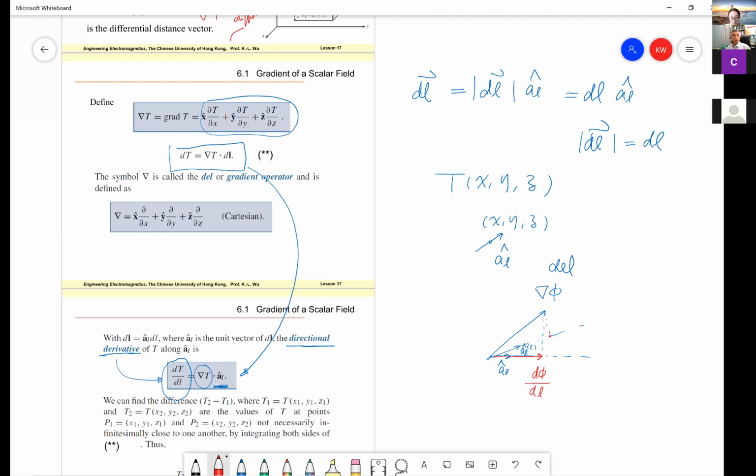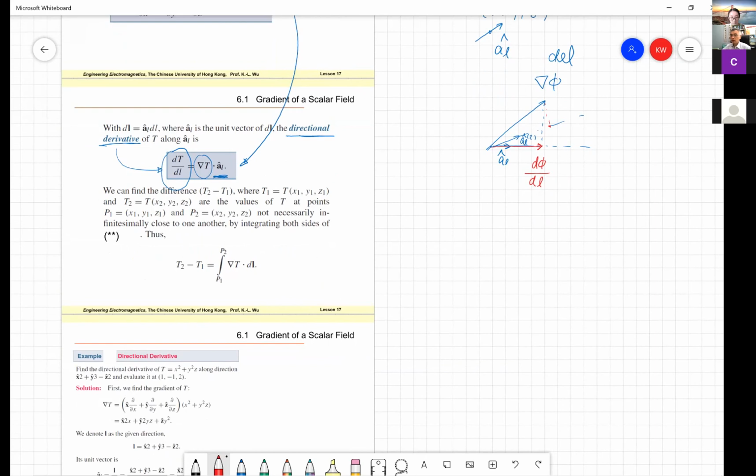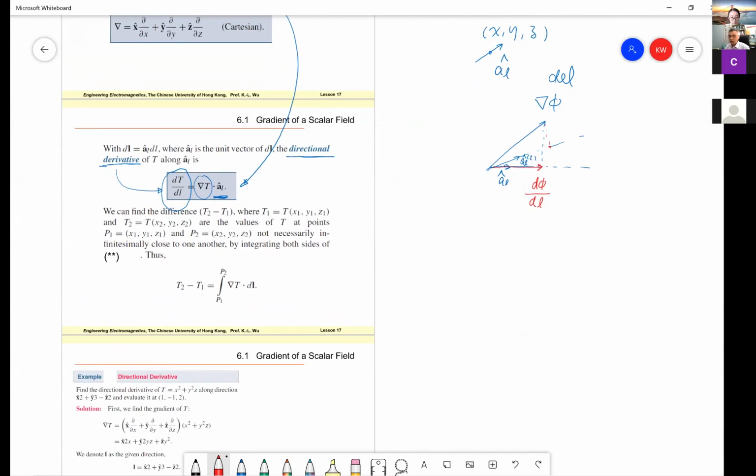This becomes the directional derivative for your new direction. What that means is the del tells you the direction of maximum change of the scalar potential, the scalar field.